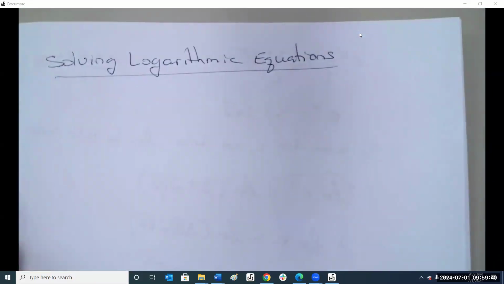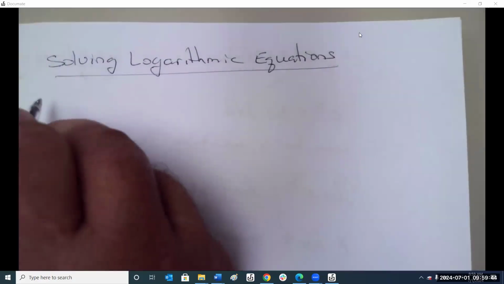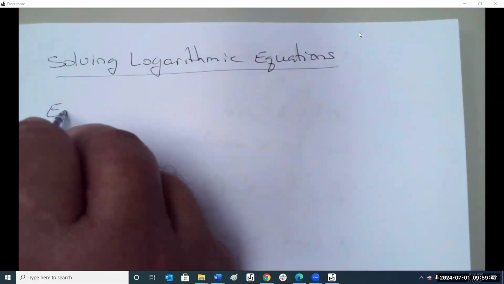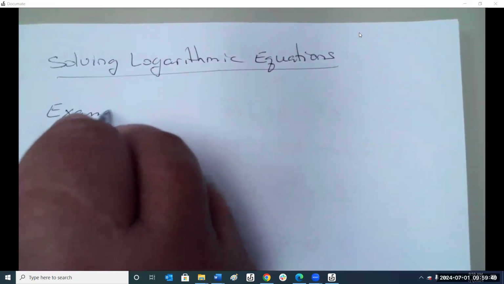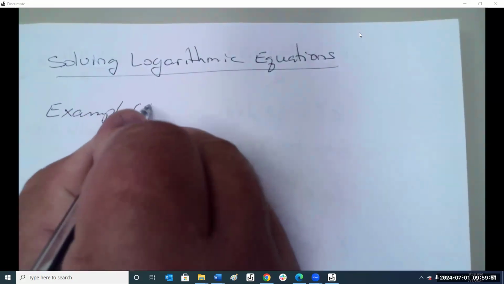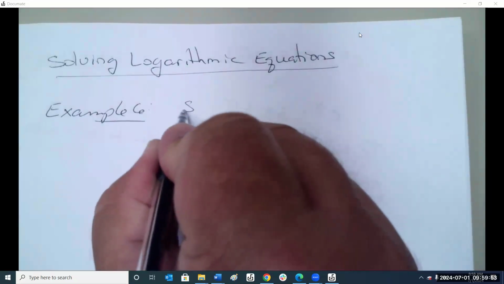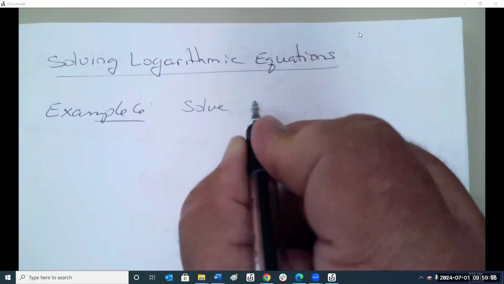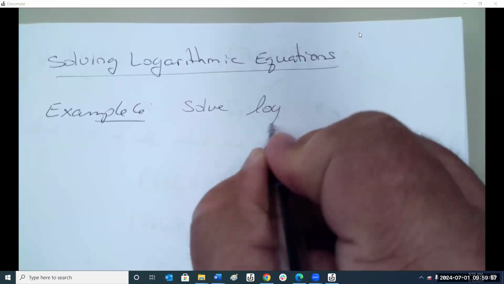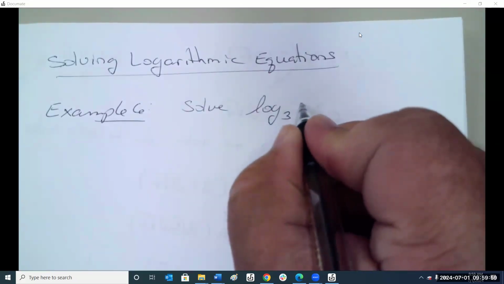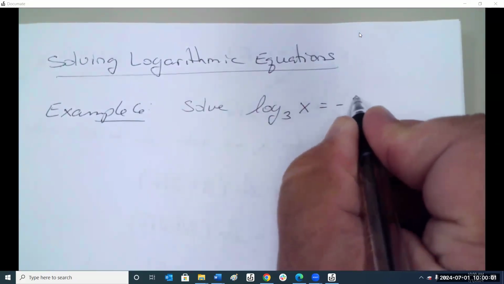Now we're going to end the section dealing with solving logarithmic equations. Solve log base 3 of x equals negative 2.